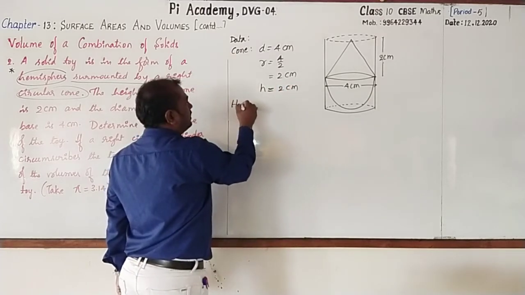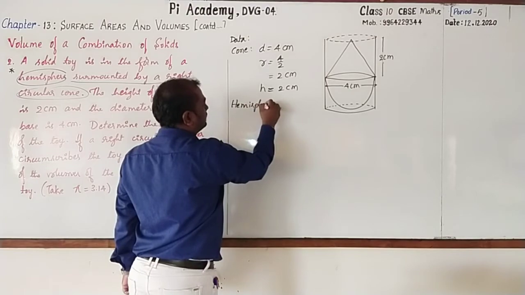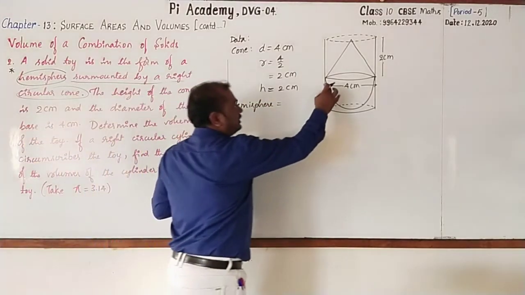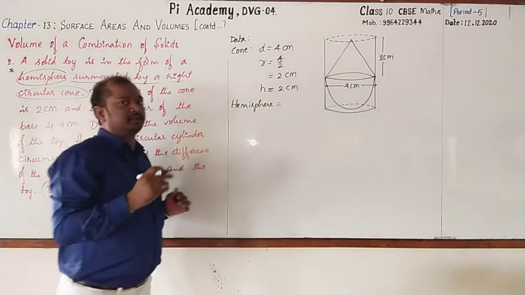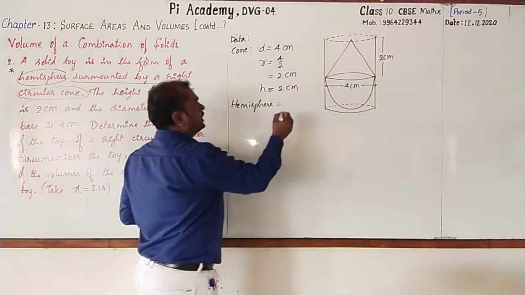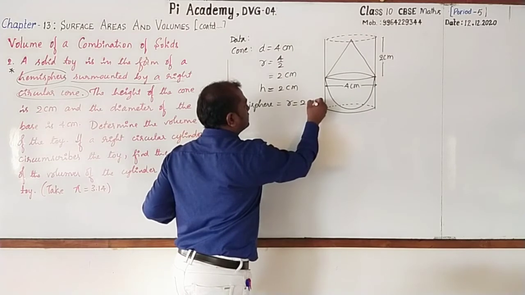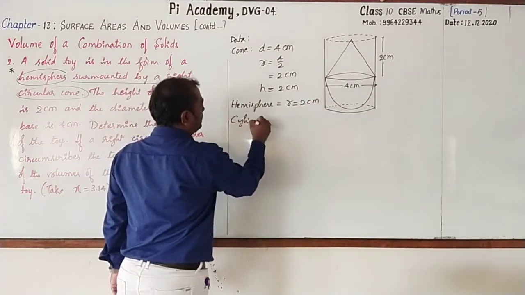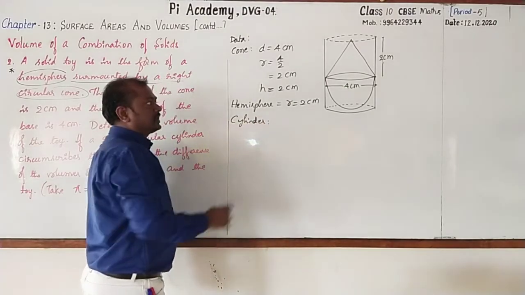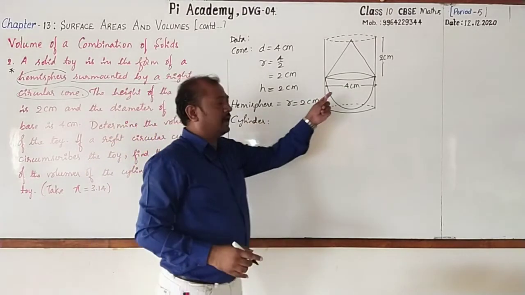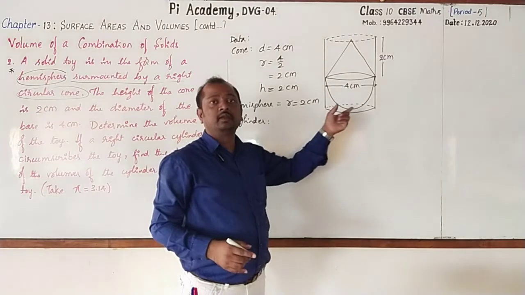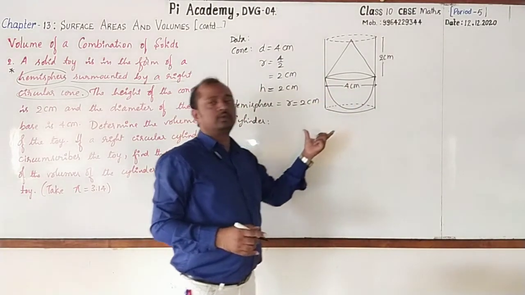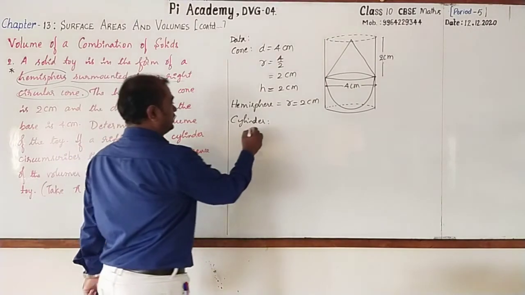Next. Let me write hemisphere. Hemisphere, its diameter is equal to the diameter of the cone. Then obviously radius will also be 2 centimeter. Now let's move on to cylinder. With respect to cylinder, as it circumscribes the toy, the diameter of the toy is equal to the diameter of the cylinder.